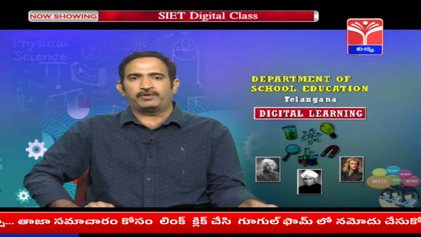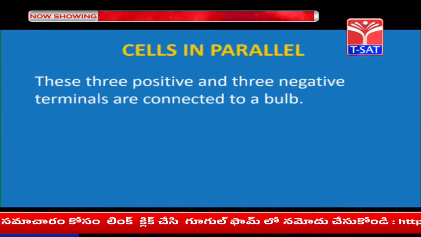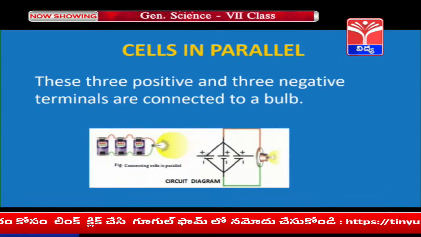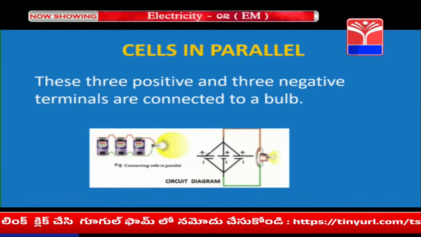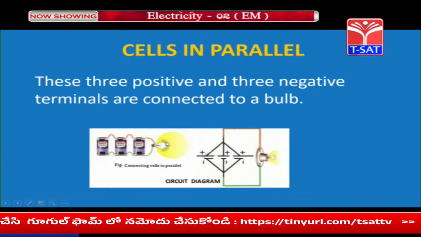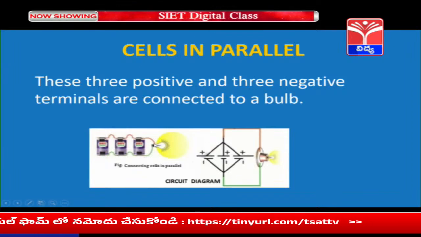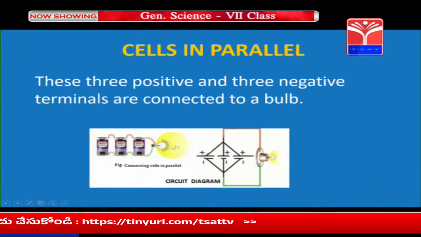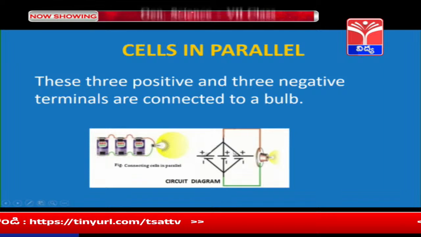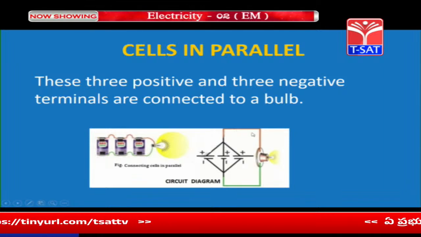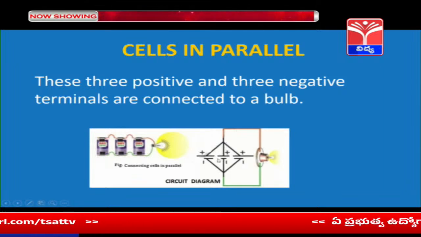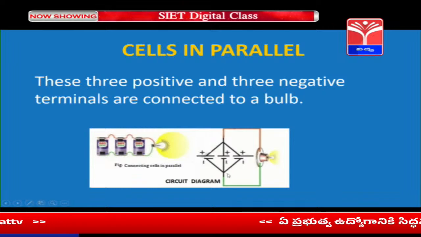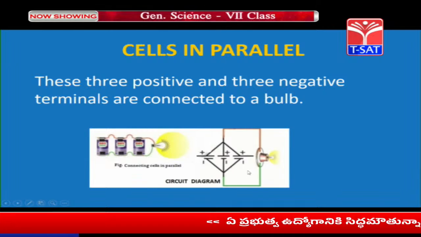Now these 3 positive and 3 negative terminals are connected to the bulb. Now let us see once again the diagram. In the circuit diagram also, all positive terminals are connected with the help of one wire to the bulb, all negative terminals are connected with the help of one wire to the bulb.